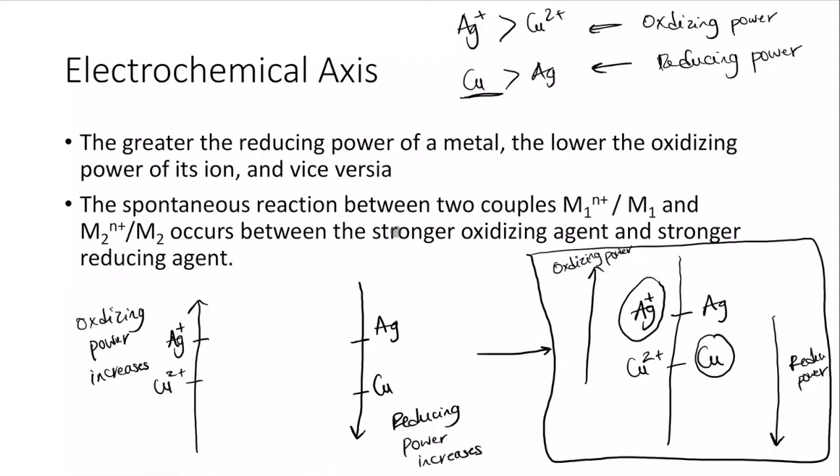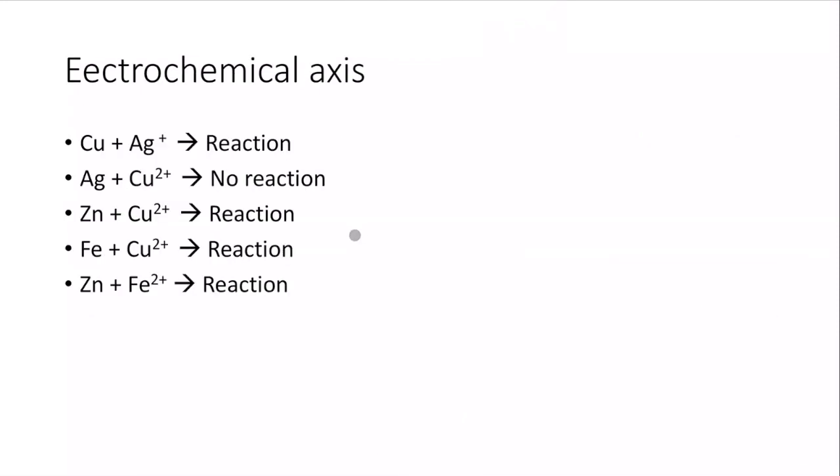Now we have something which is called the gamma rule. Here we have the electrochemical axis with Ag+. So how do we notice how the reaction can proceed? Through the gamma rule. You start from the oxidizing agent and you come to the reducing agent. This is a gamma.